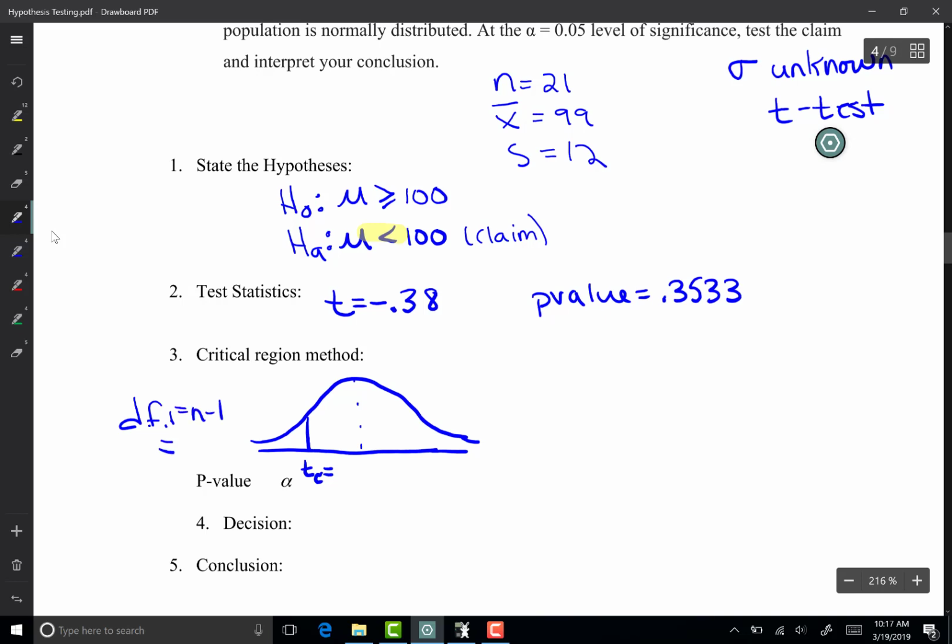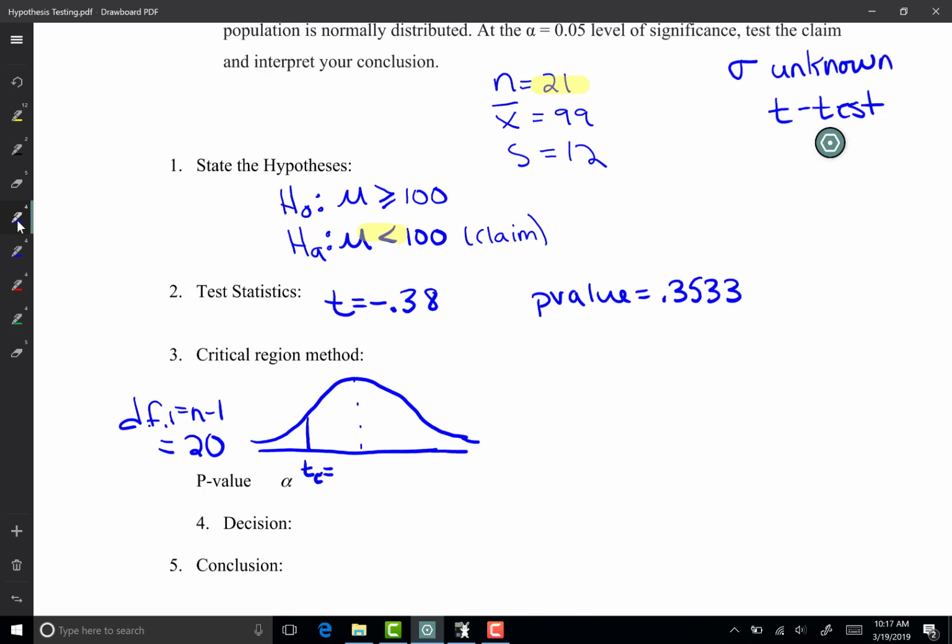N is 21, so my degrees of freedom is 20. When I go to the table, I look at the one-tail area of 0.05 because alpha is 0.05, and I go down to 20 degrees of freedom, and you should see 1.725.